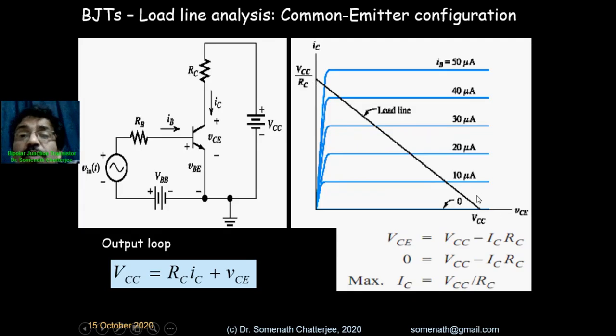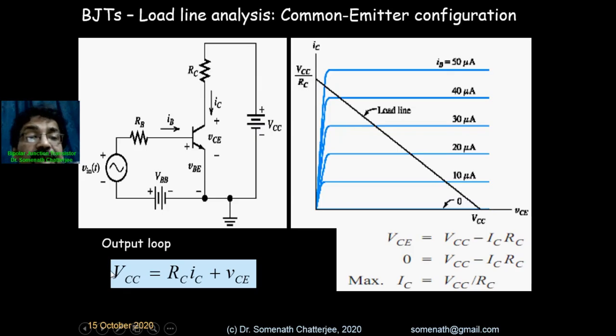So we will draw the straight line. How can we draw this straight line? For that, what is the voltage? The VCC is the voltage, right? And when we apply the DC bias, the VCC is basically balanced with ICRC, that means the potential drop across RC, and the potential drop from collector to emitter.